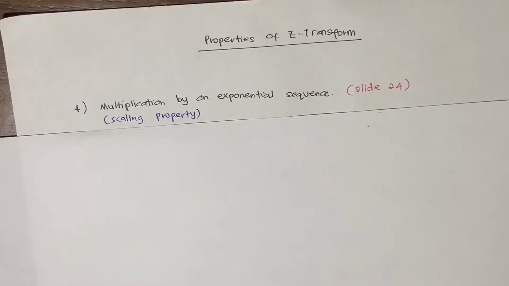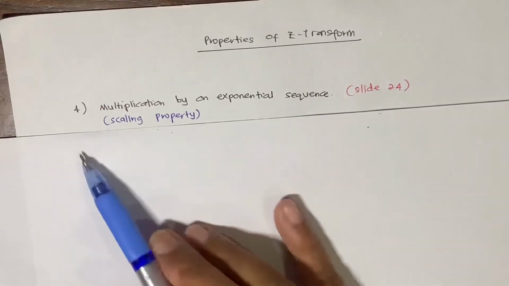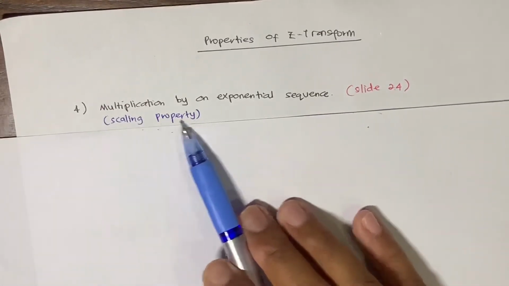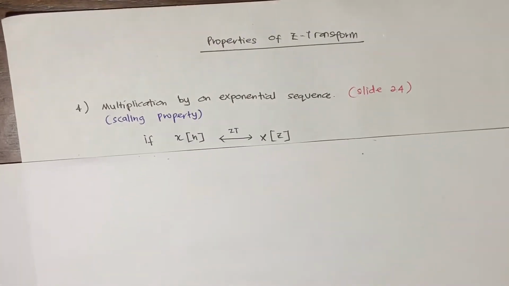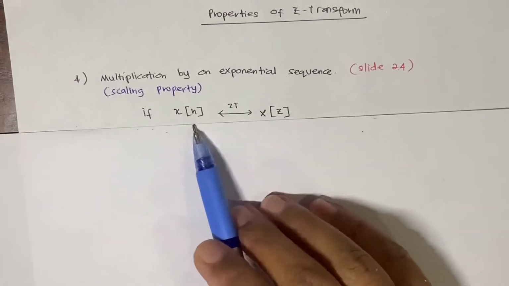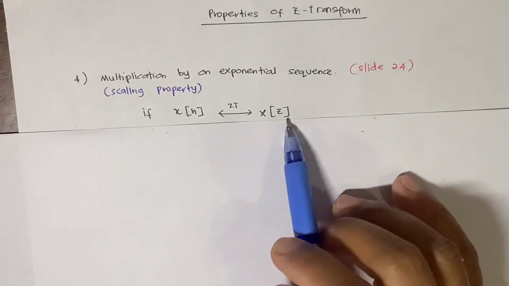Now, the fourth property is multiplication by an exponential sequence. You can refer to slide number 24. This multiplication is also known as scaling property. Okay, let's say we have x[n], then we use Z transform to get X(z).